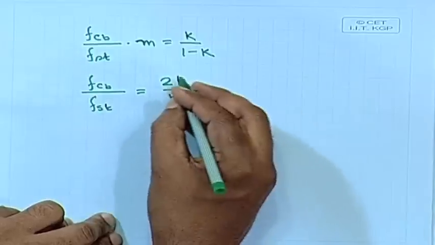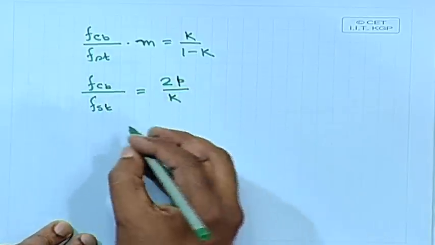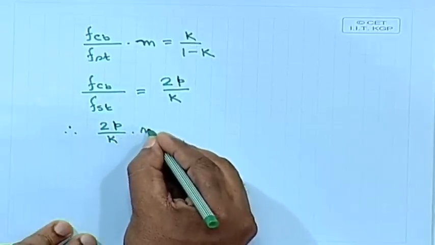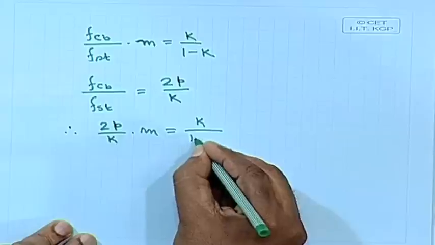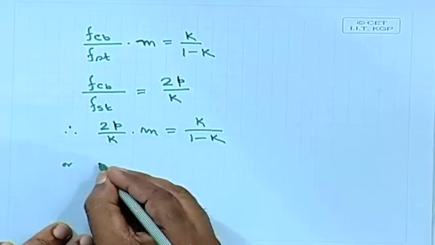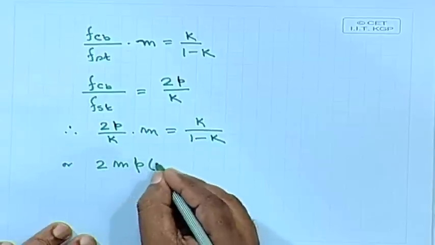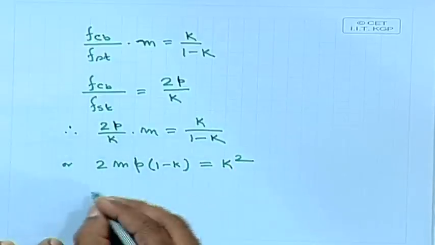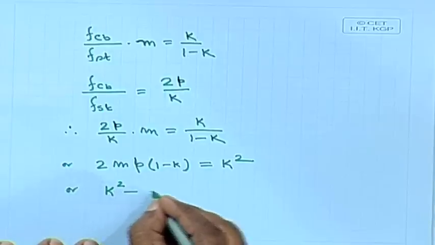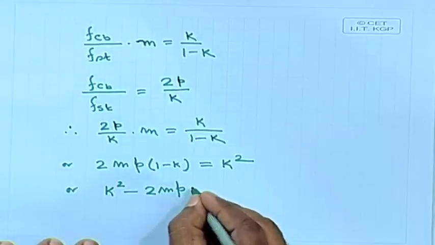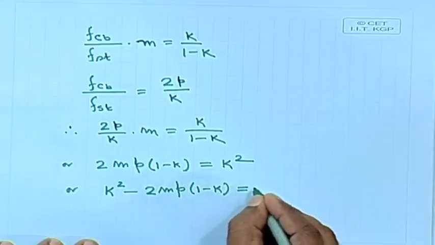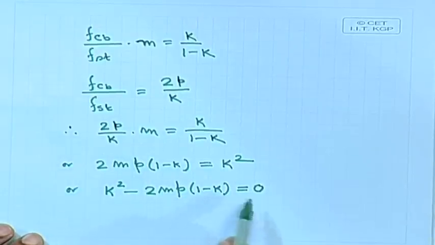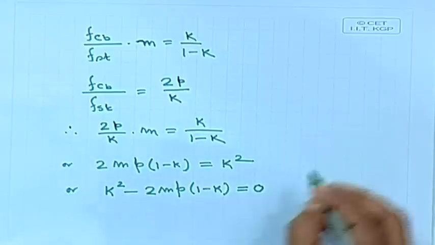Therefore, 2p by k multiplied by m equal to k by (1 minus k), or twice m p (1 minus k) equal to k square, or we can write down k square minus twice m p (1 minus k) equal to 0. We can find out m.